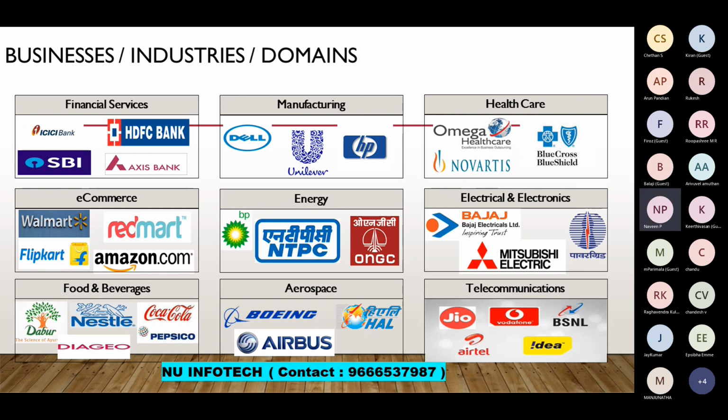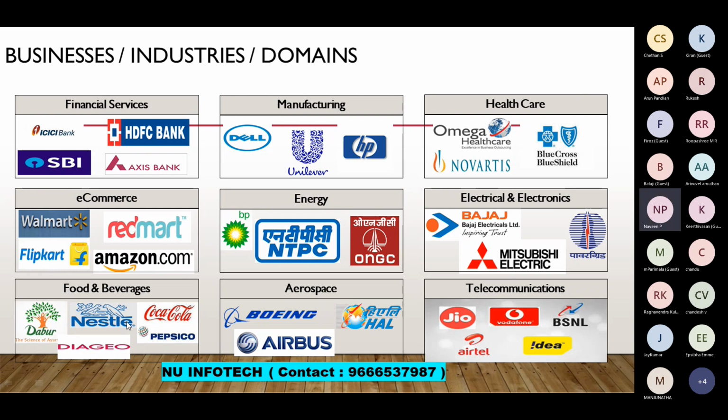Without having these BI tools also we can run the business, but these BI tools will help us have the information ready within less time, and we can take actions on time. These are the different kinds of domains or industries in which we will have data. It could be telecommunications. I have not listed all the things, but for example I have listed a few of them: aerospace data or food and beverages data, right?